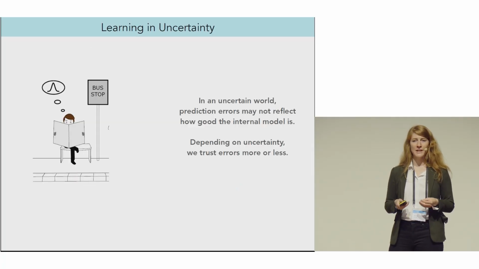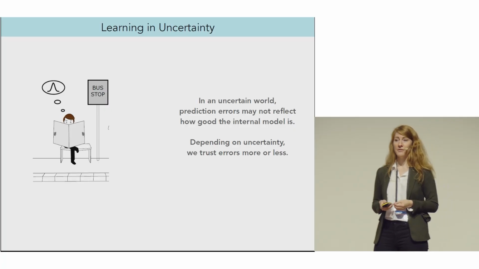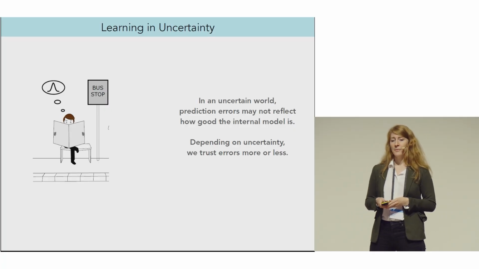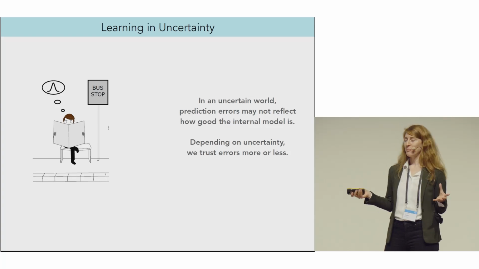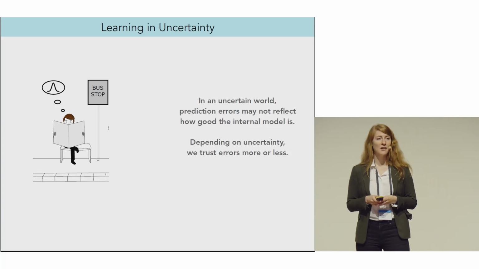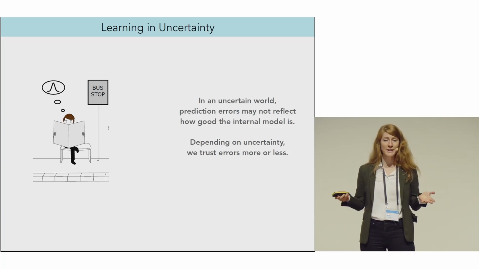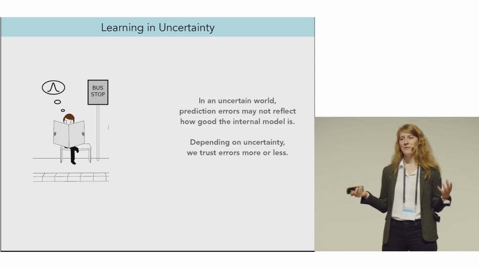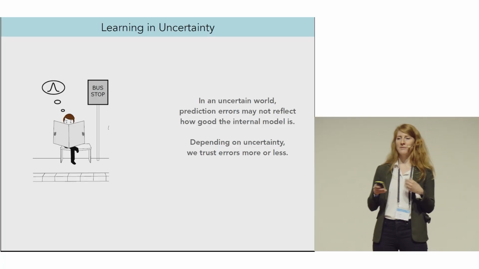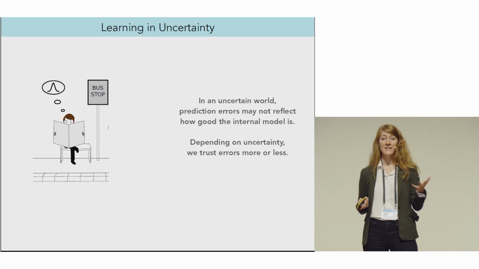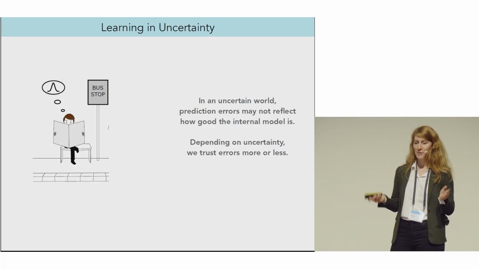And I would like to give you an example why it's important to have a representation of the variance. So, for example, imagine there's a person at the bus stop who learned that buses are pretty unreliable, maybe someone from Germany. They have a prior expectation of the bus arrival times, which can be described by a very wide Gaussian distribution. Now, if the bus is late, they are not surprised and they remain calm.